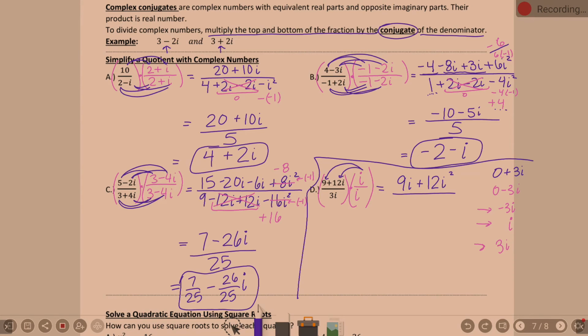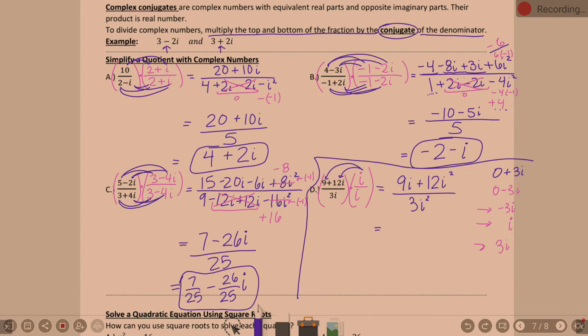On bottom, what's 3i times i? Three i squared. Okay. Go through and clean everything up.